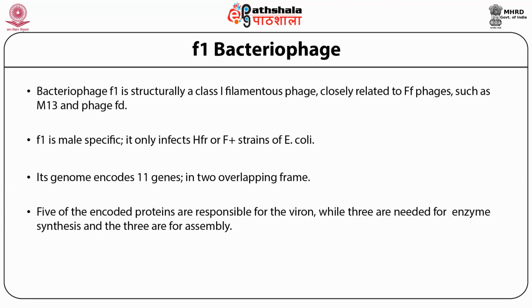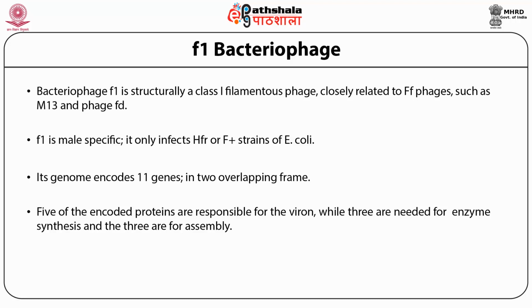F1 bacteriophages. Bacteriophage F1 is structurally classified as a class 1 filamentous phage and is closely related to the other Ff phages such as M13 and FD. F1 is a filamentous rod-shaped single-stranded DNA phage with a molecular mass of about 1.6 into 10 to the power 6 Daltons. By weight, it is 11.3% DNA.